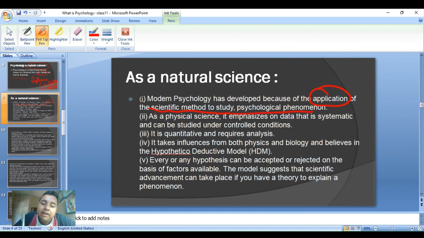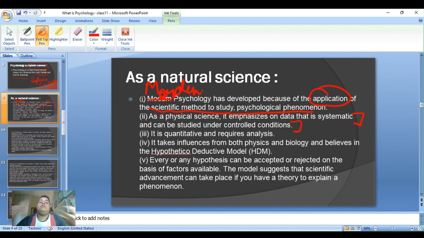As a physical science, it emphasizes data that is systematic and can be studied under controlled conditions. So, modern psychology has developed because of the application of scientific method to study psychological phenomenon.